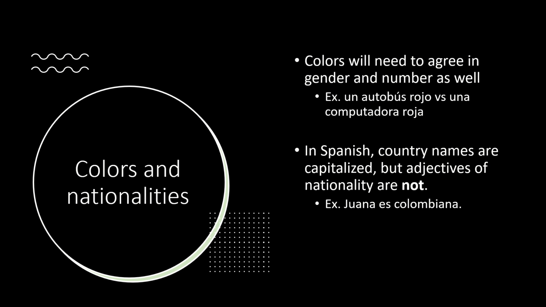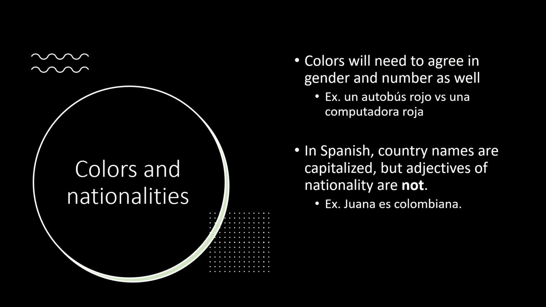Okay, but if I wanted to talk about a red bus, like my example has, then I would use the masculine form, so it would be un autobús rojo. Now remember, there are some colors that will end in either an E or a consonant. An example would be the color blue, azul. That one does not need to agree in gender because we can't change it for gender.